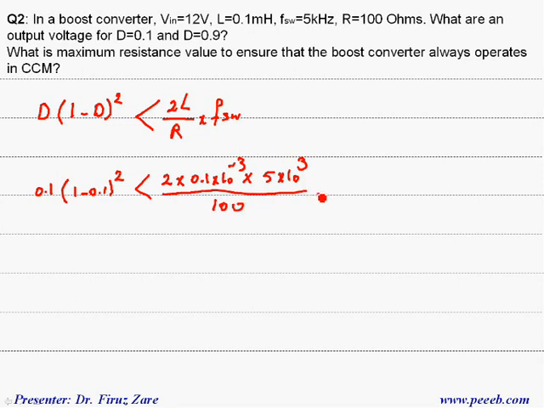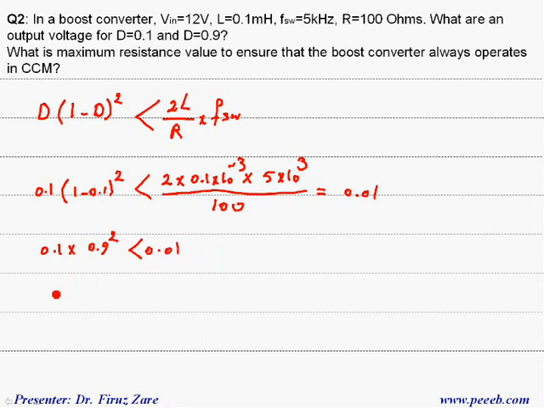So now we can simplify that one, which is 0.01, and this term is 0.1 times 0.9 square should be less than 0.01.